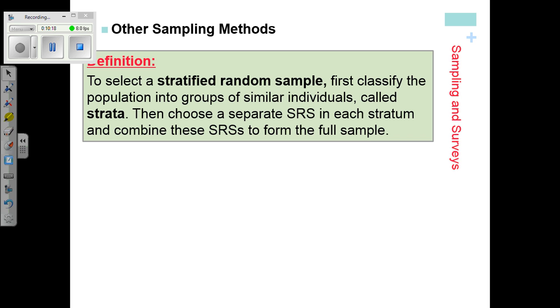But we would only want to do that if we think, for instance, that ninth graders would clearly have a different opinion about something than fourth graders. So we might want to make sure we have a representative for each grade. If perhaps we were trying to find out the average distance people travel from school, well, there's no significant difference in ninth graders and 12th graders as far as how far they come from school.